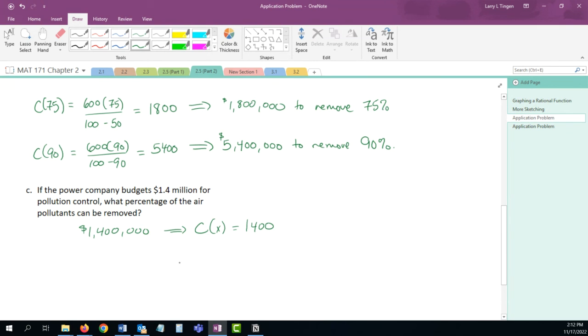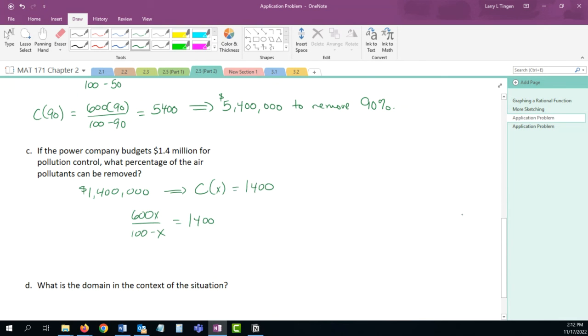So set this up. So what is C of X? C of X is the equation, and the equation is 600X over 100 minus X equals 1,400. All right. Cross multiply, because that's what everybody loves to do.